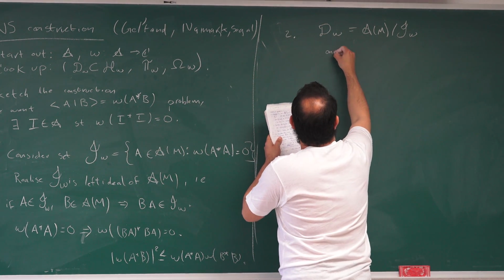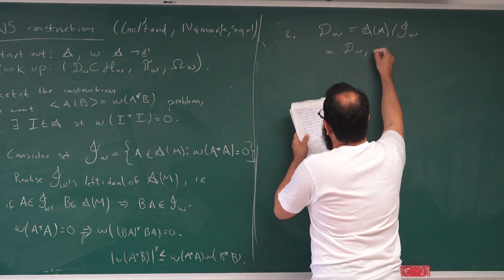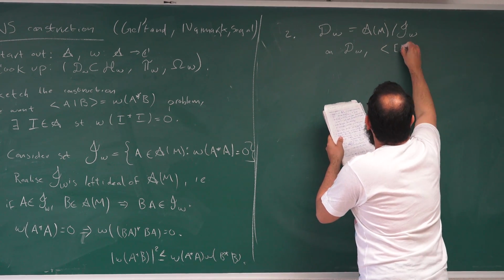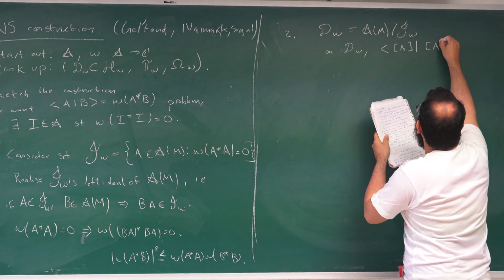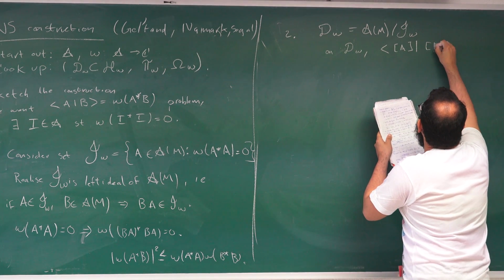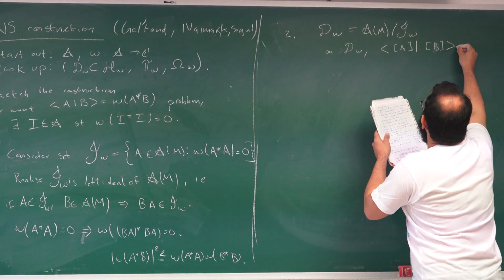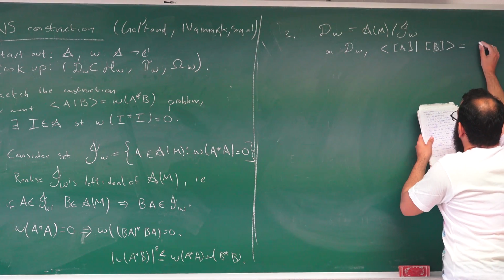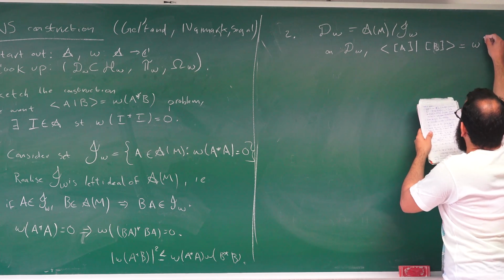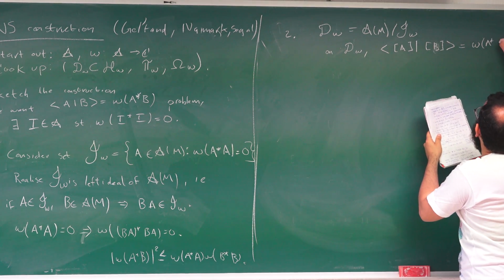On D_W, I'm calling the quotient elements with this bracket, meaning equivalence class with respect to that quotient. Then this is an inner product on that space.